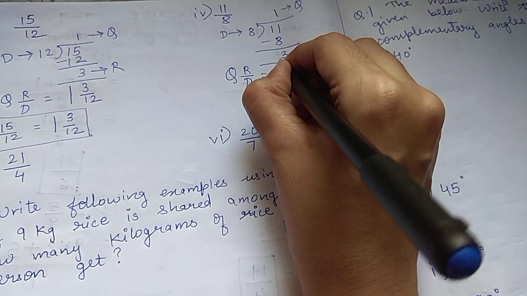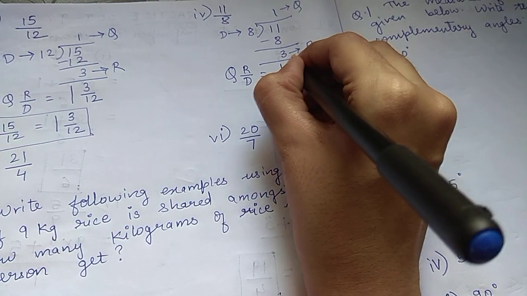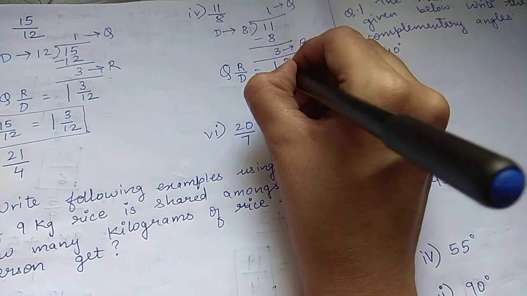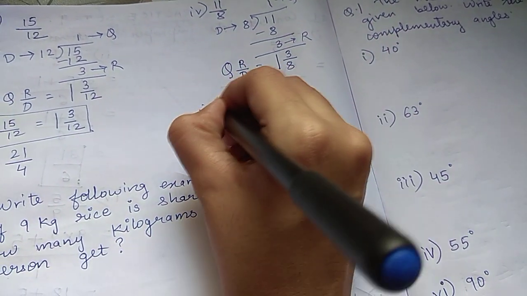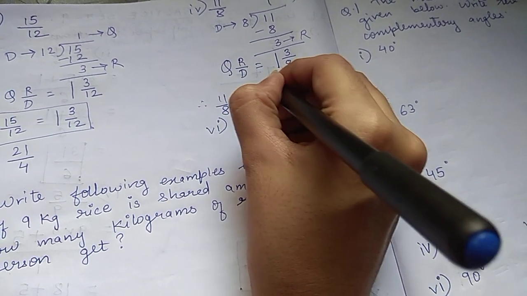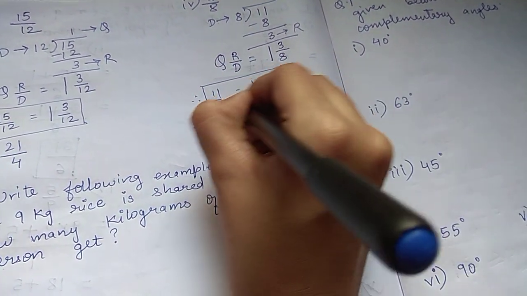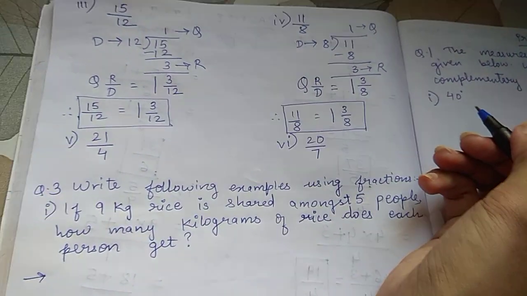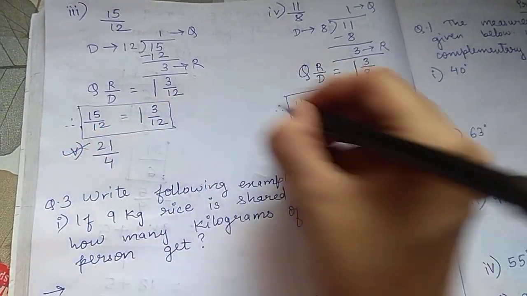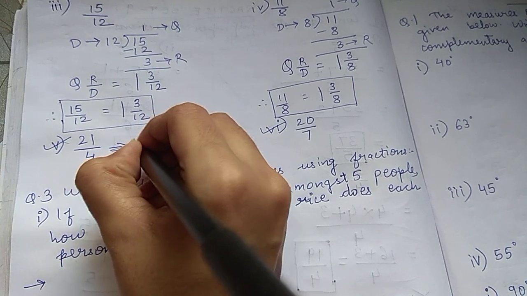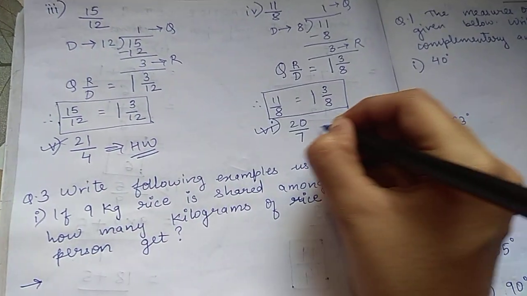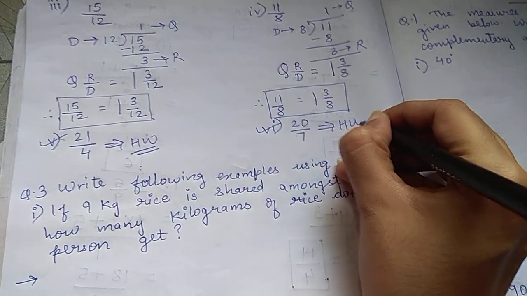What will we get? 1, 3, 8. Therefore 11 upon 8 is 1 3 upon 8. Now fifth one and sixth one are for homework. Fifth sum and sixth sum are for homework.